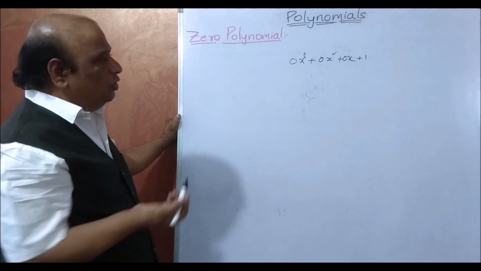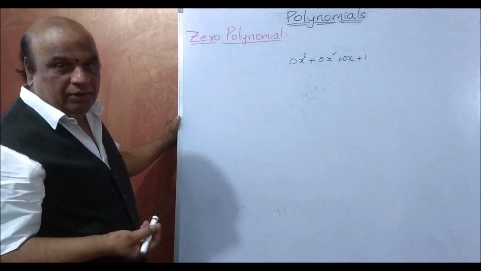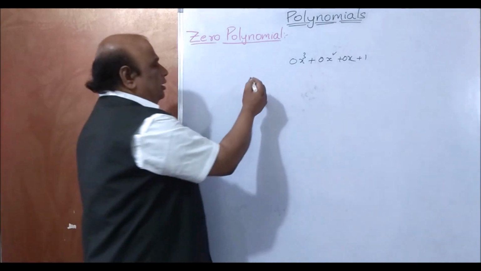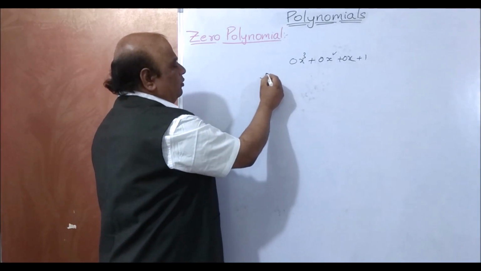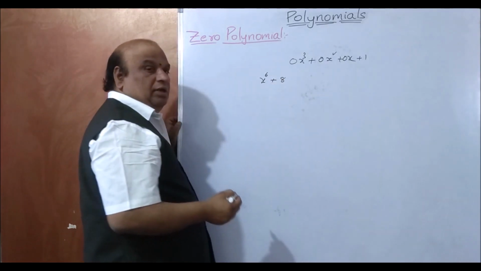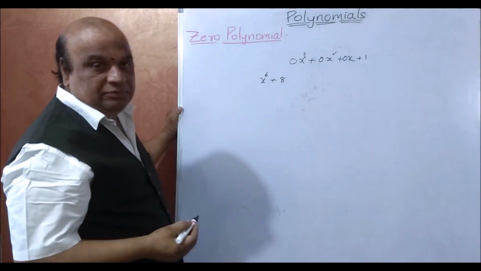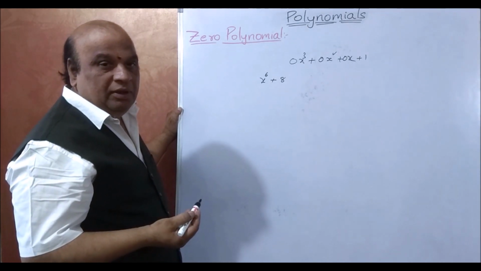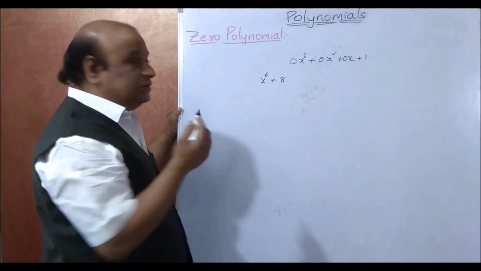What is the use of knowing this type of polynomial? Suppose here x power 6 plus 8. It is a polynomial. Actually, the power is 6.